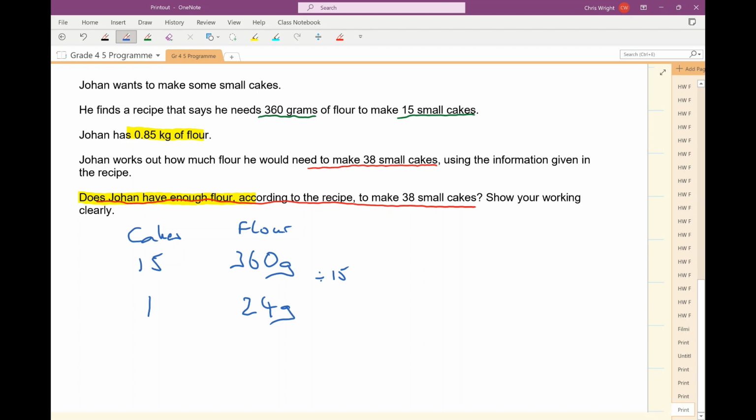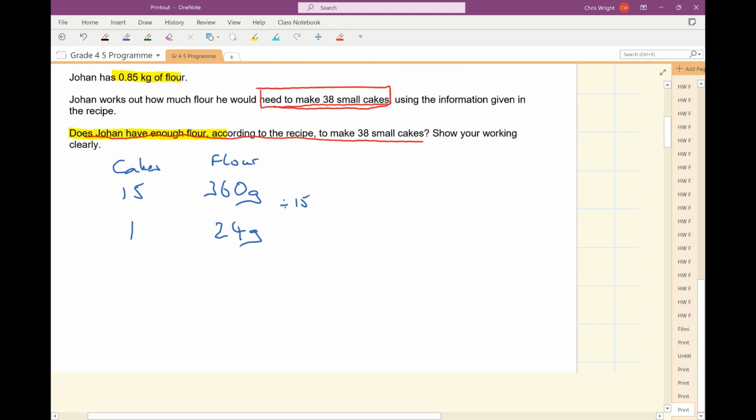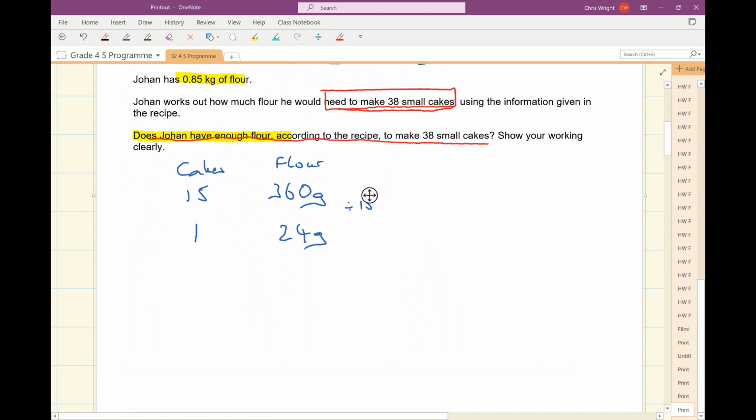Now, he works out how much flour he'd need to make 38 cakes. Let's do the same, so I'm going to times by 38. 24 times 38 is 912 grams. So he needs 912 grams of flour to make 38 cakes.